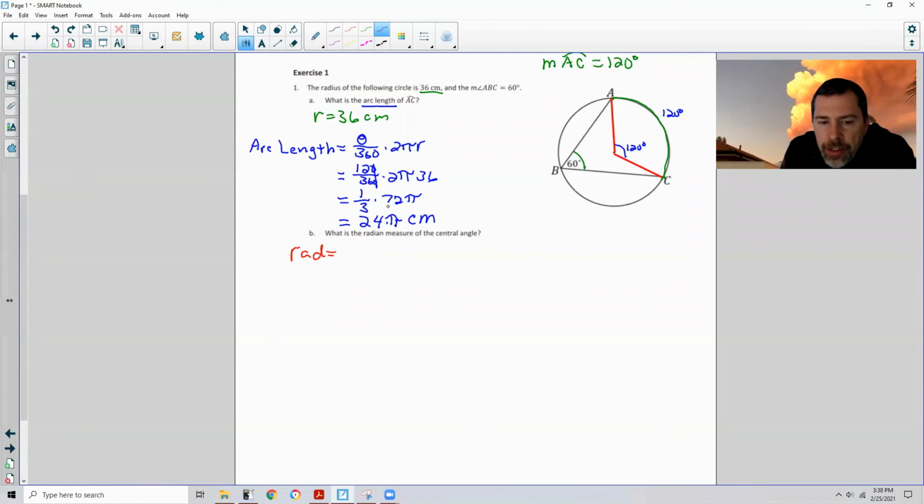Okay, so carrying on to this, a radian. What is the radian measure of the central angle? So arc length, let's do it this way before I just write radians.